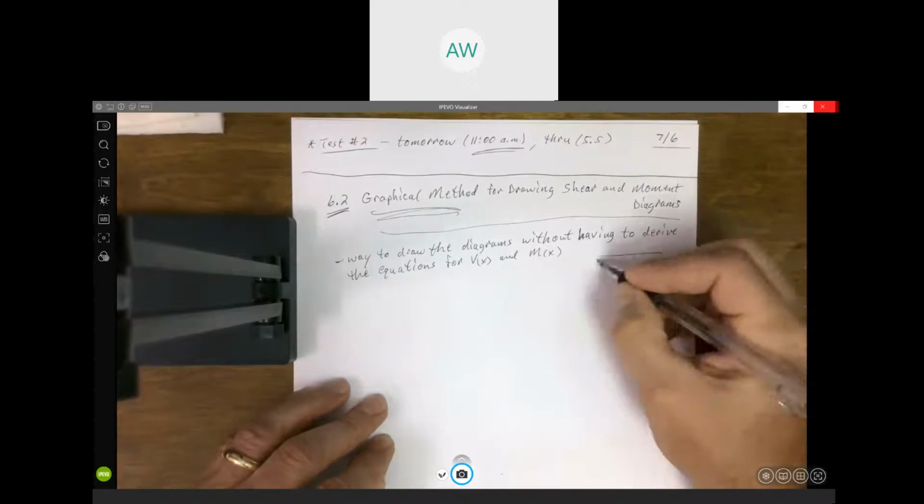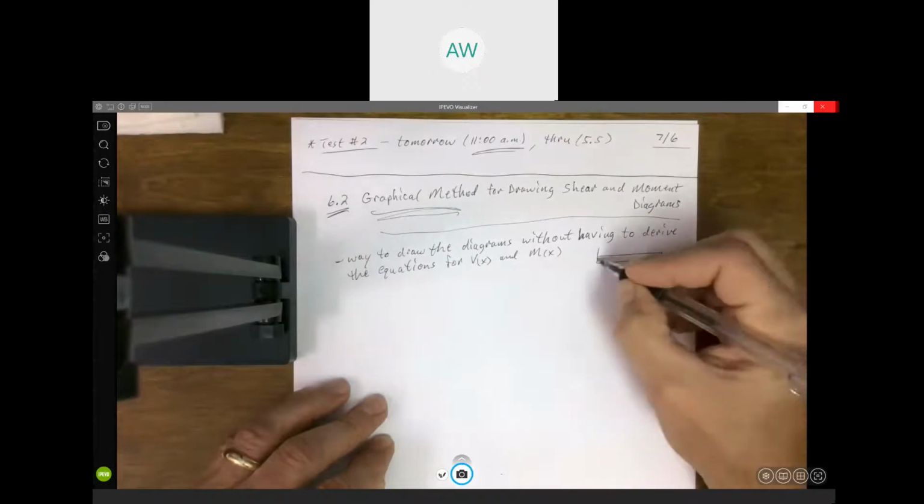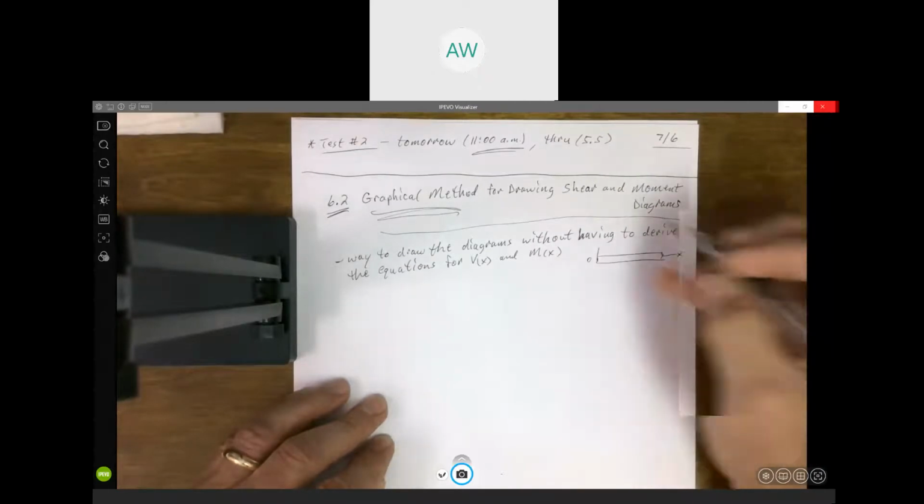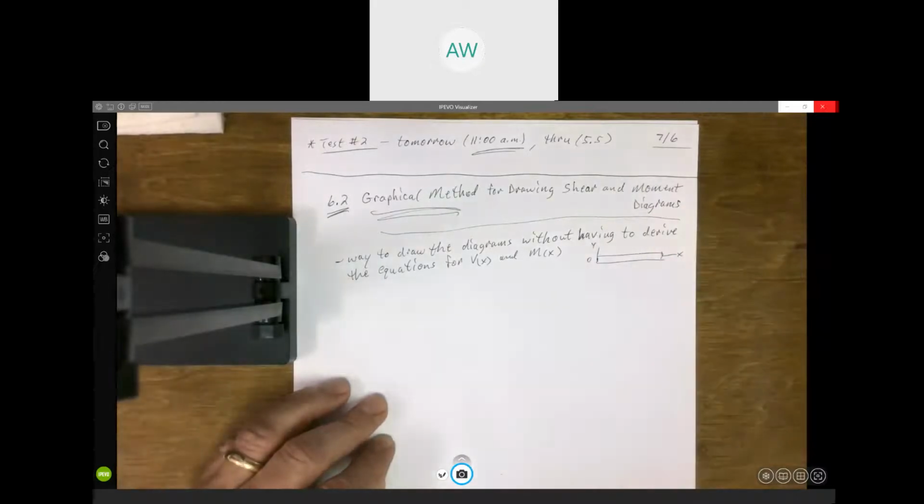Again, we've got a beam, with x our longitudinal direction.